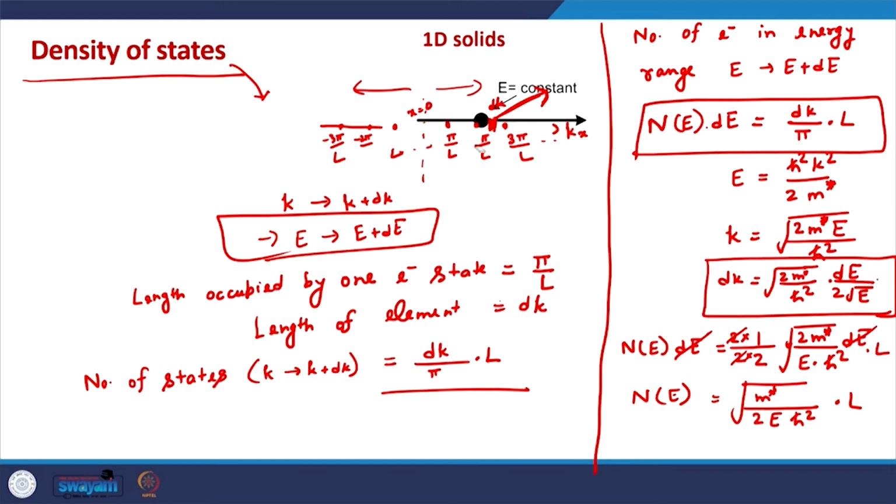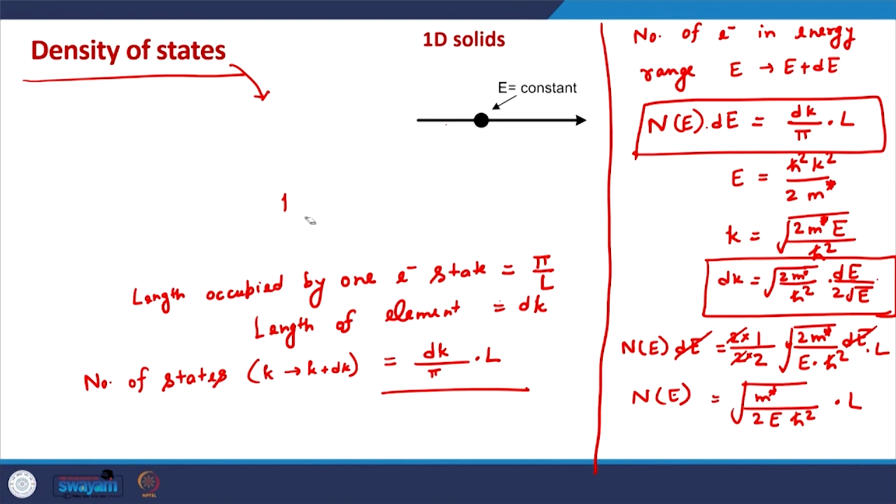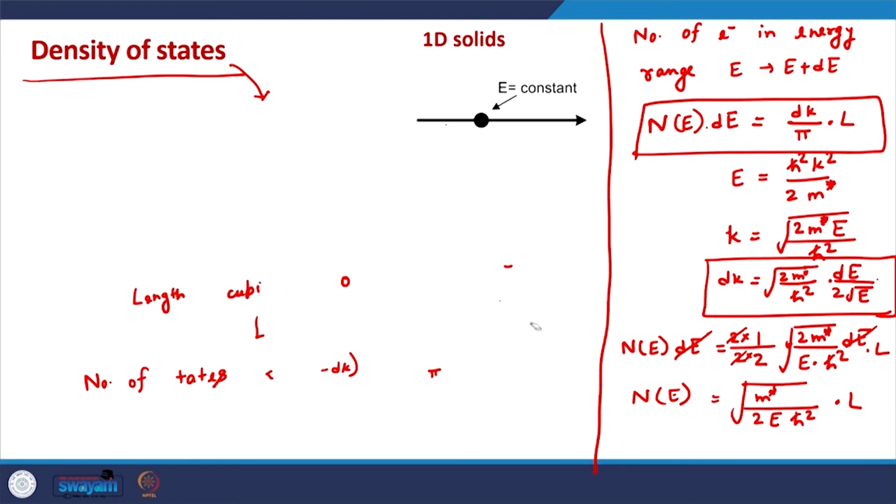So, this N(E) parameter is the number of electronic states per unit energy. Okay. So, the density of states would be number of electronic states per unit energy per unit length.